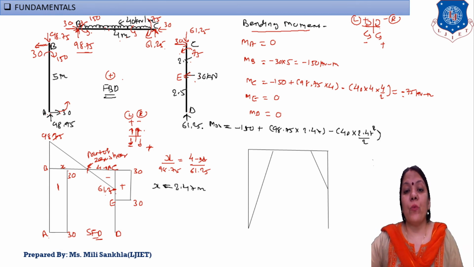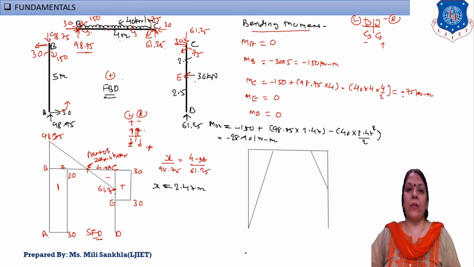My answer for the moment at x is minus 28.10 kilonewton meter.